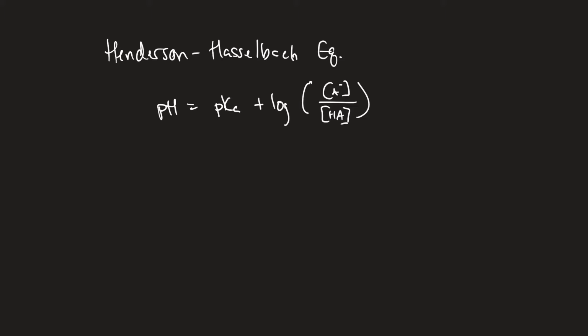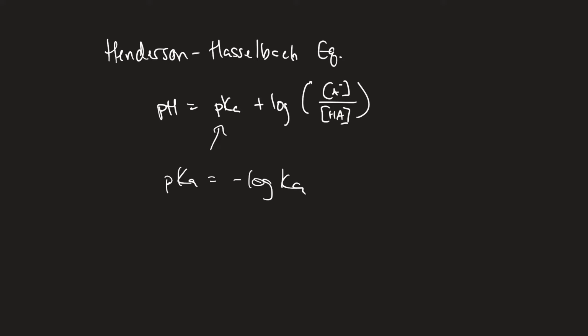Now let's talk about pKa real quick. pKa is basically the negative log of the Ka. So it's just a logarithmic function of your acid dissociation constant. To find the pKa, if you have the acid dissociation constant, you take the negative log of that, then you will have the pKa.